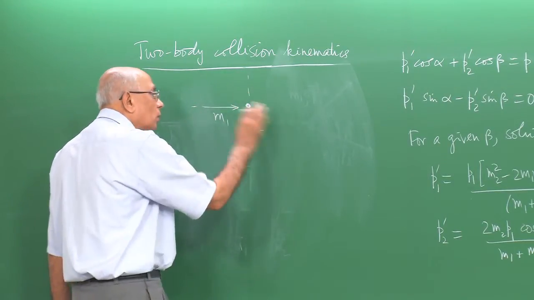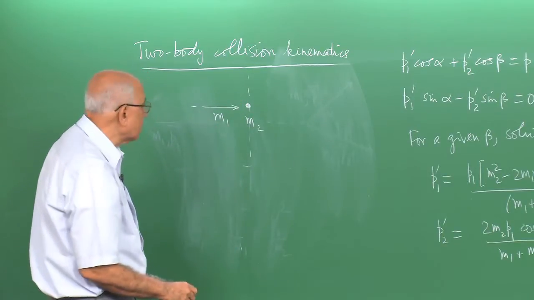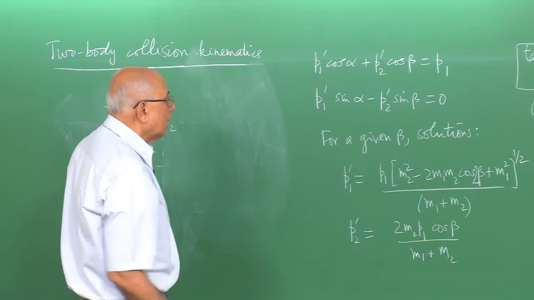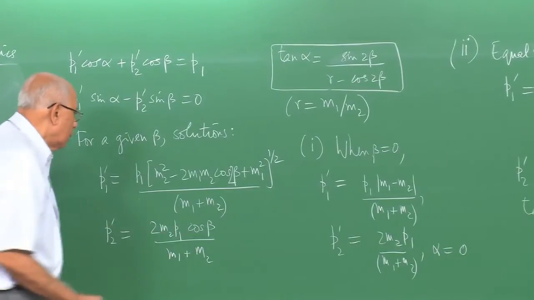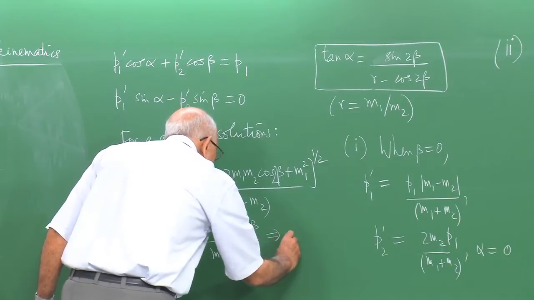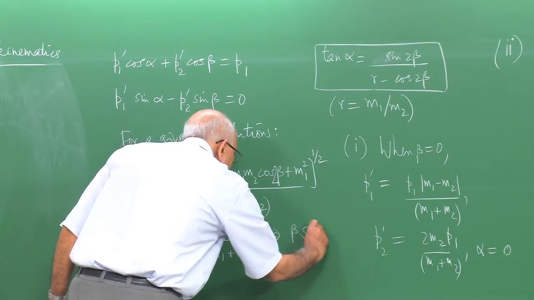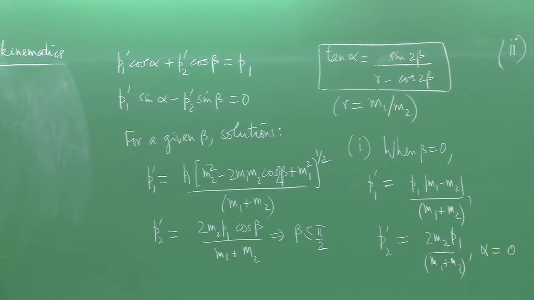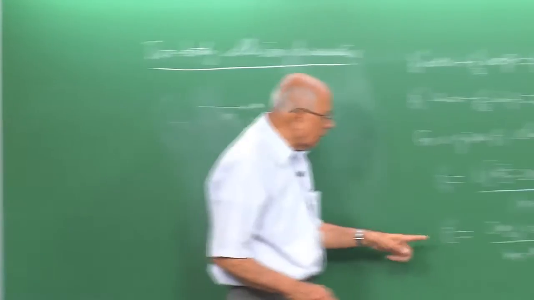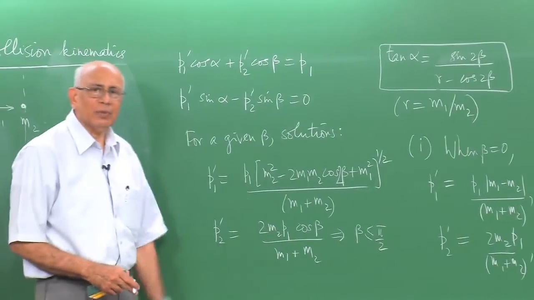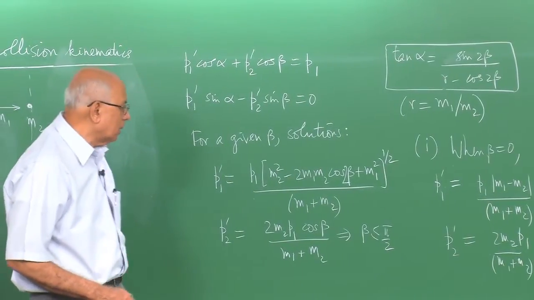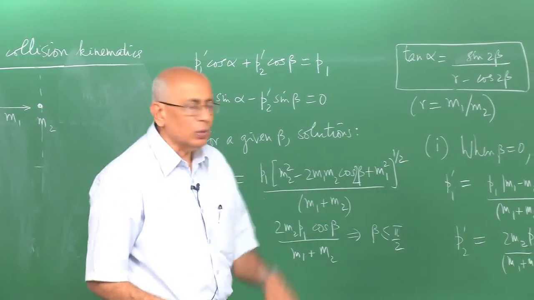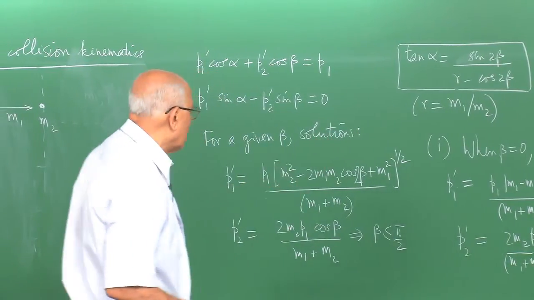It has to move into the forward half plane in this case, and therefore beta cannot be greater than pi over 2, and that is immediately obvious from here, because this equation implies that beta is less than or equal to pi over 2. Because if beta is greater than pi over 2, this backscattering here, then this becomes negative, but it is the magnitude of the vector p2, so it is not possible. So there is a limit on how big beta can be. It runs from 0 to pi over 2, as in that case as well.